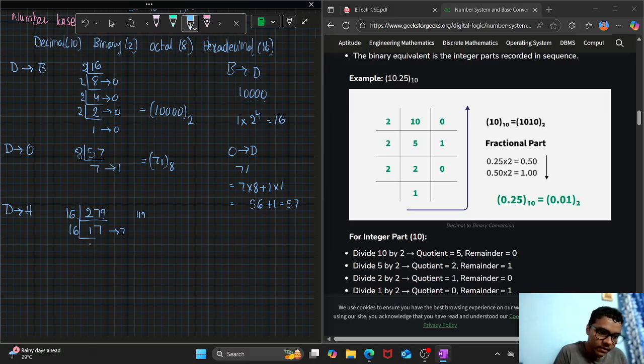And 16 ones are 16, and that gives 1. So this is 117 to the base of 16.